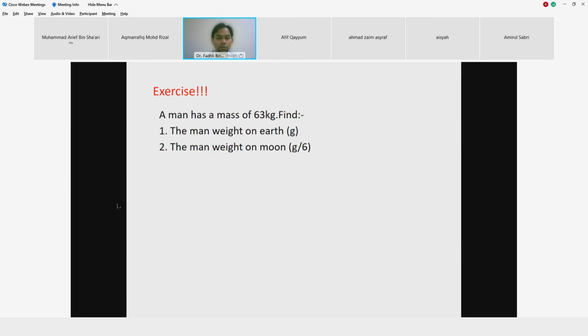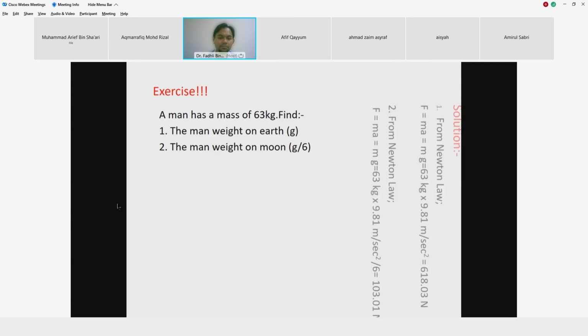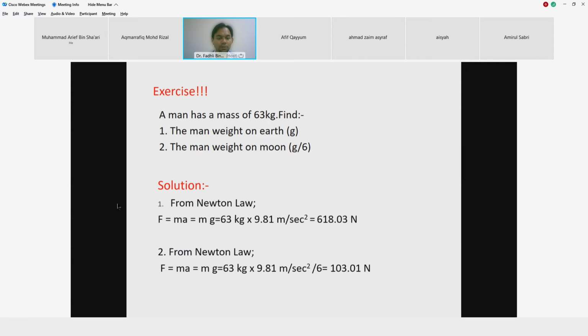However, on Moon, the weight of this guy is different, since the gravitational acceleration is not the same as on Earth. So, by using Newton's second law, F equal to ma, the weight of this guy on Earth is 618.03 Newton.